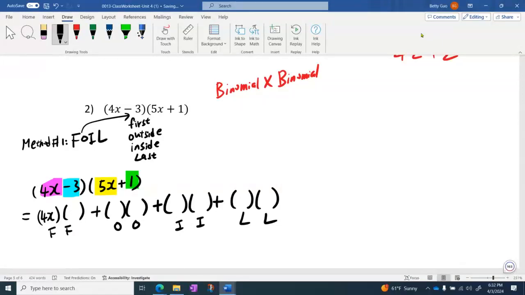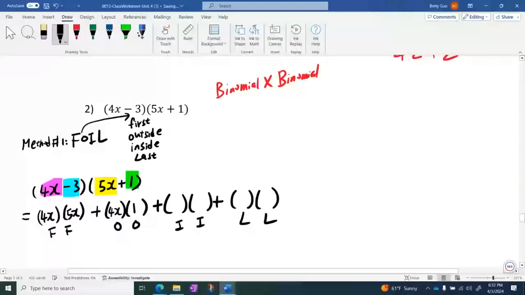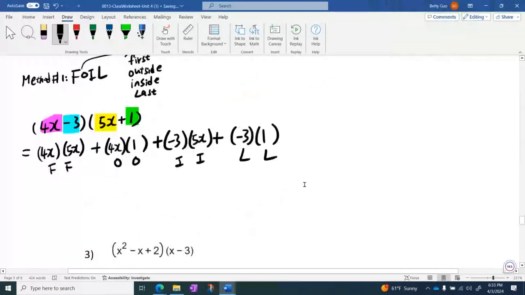First is the pink times yellow, 4x times 5x. Then outside times outside, pink times green, 4x times 1. Inside, blue times yellow, negative 3 times 5x. Last times last, blue times green, negative 3 times 1. I think everybody can do that.